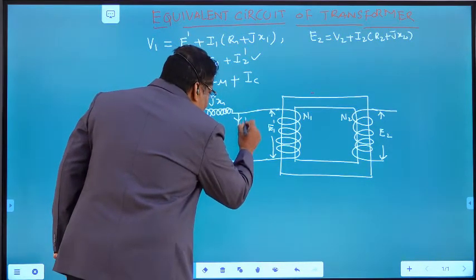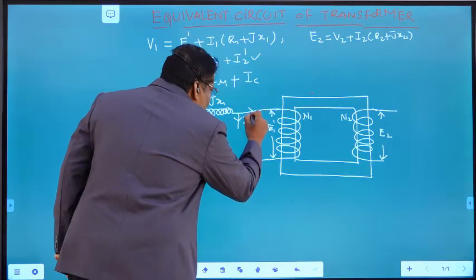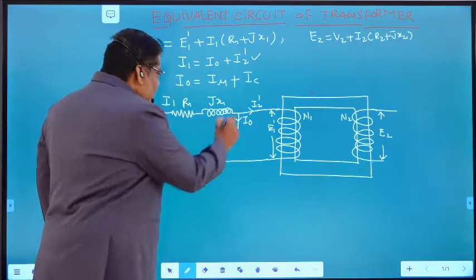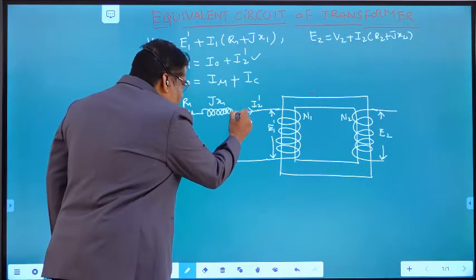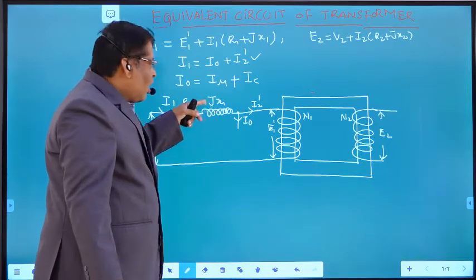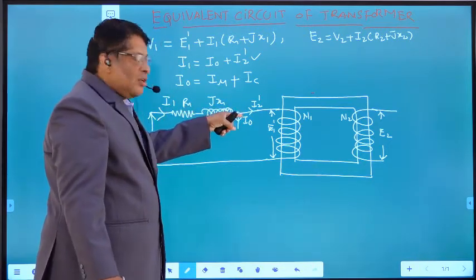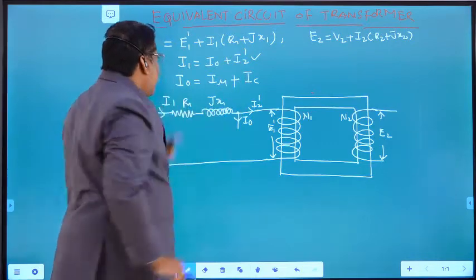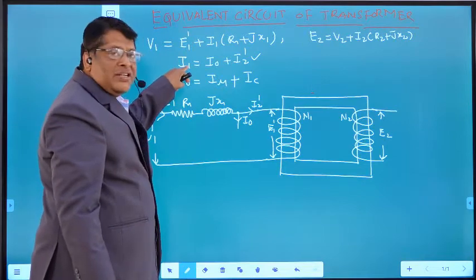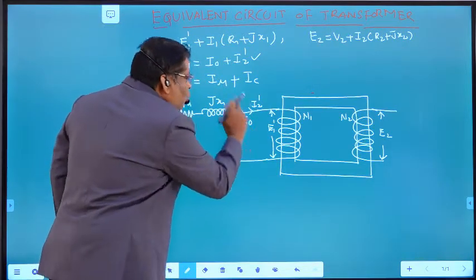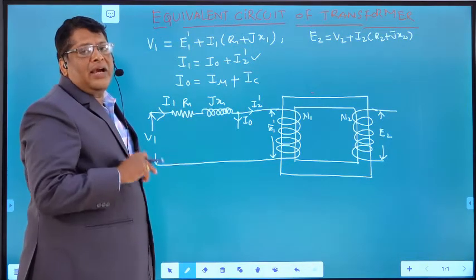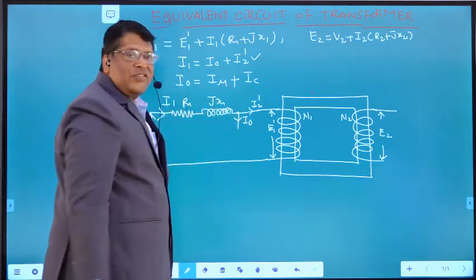One branch takes a current of I0, and the other takes a current of I2 dash. If you apply Kirchhoff's current law at this node, the incoming current equals the sum of the outgoing currents, so we get I1 equals I0 plus I2 dash. To meet this equation, we have taken two branches, because the supply current equals the no load current plus the load component of the current.